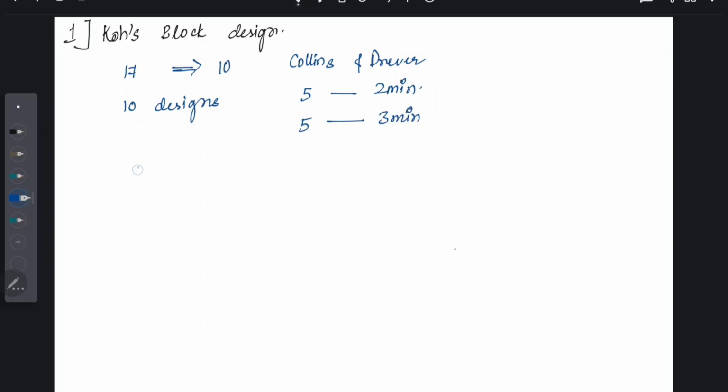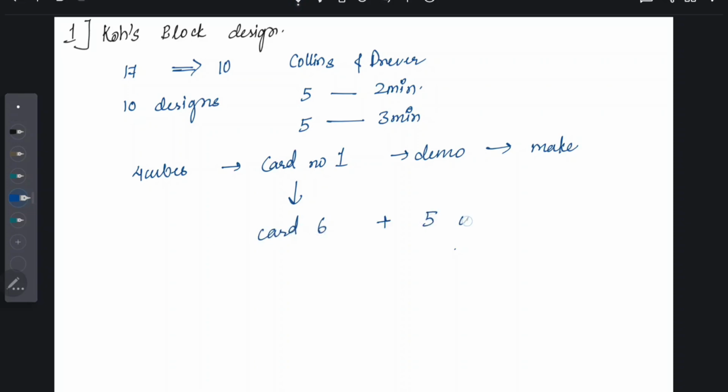You initially start with 4 cubes and you show them card one and you demonstrate, and then you ask them to make it. If they fail to do it, you again demonstrate. So on, when you go to card six, add 5 cubes to make a total of 9, and you ask them that now they have to make the design with these 9 blocks.